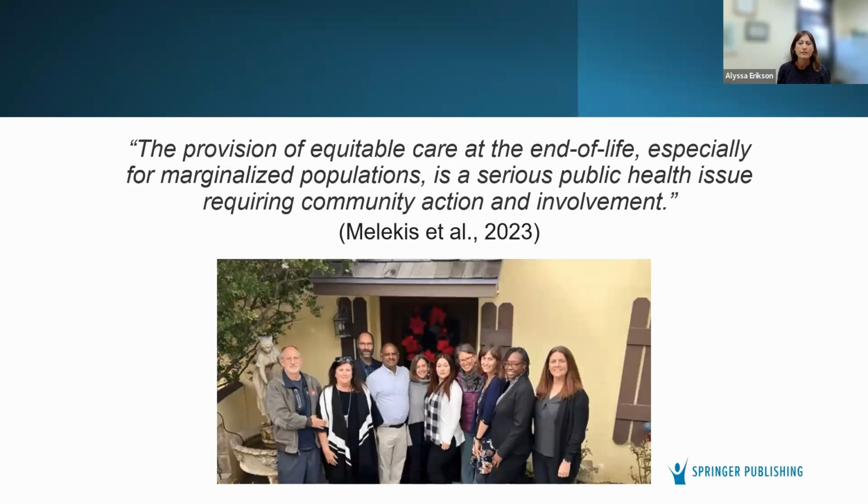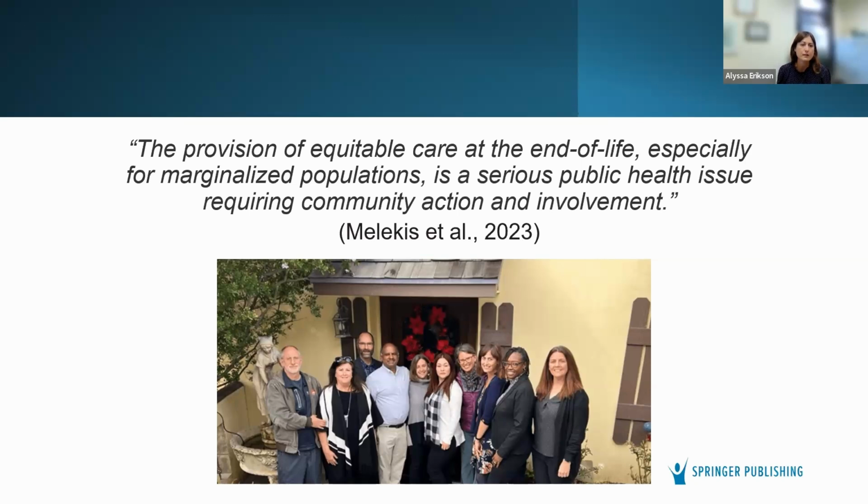So from that, a local group of clinicians, including this hospice nurse in that experience, came together to discuss how we could improve care at the end of life, inspired by this central message, the quote that the provision of equitable care at the end of life, especially for marginalized populations, is a serious public health issue requiring community action and involvement.